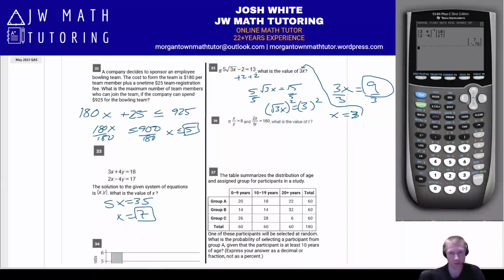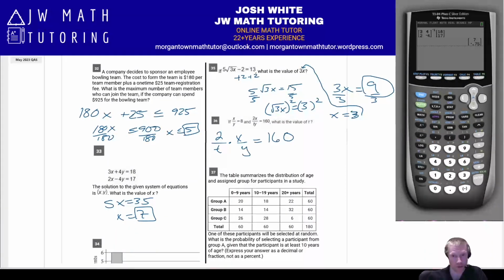Now, for 36, directly below that, this looks like a very difficult problem, but it's actually not that bad, because if you take the equation on the right here and you split up the fraction, the 2x over ty, into the following. If you make it 2 over t, say that's one fraction, and then make the other fraction x over y.